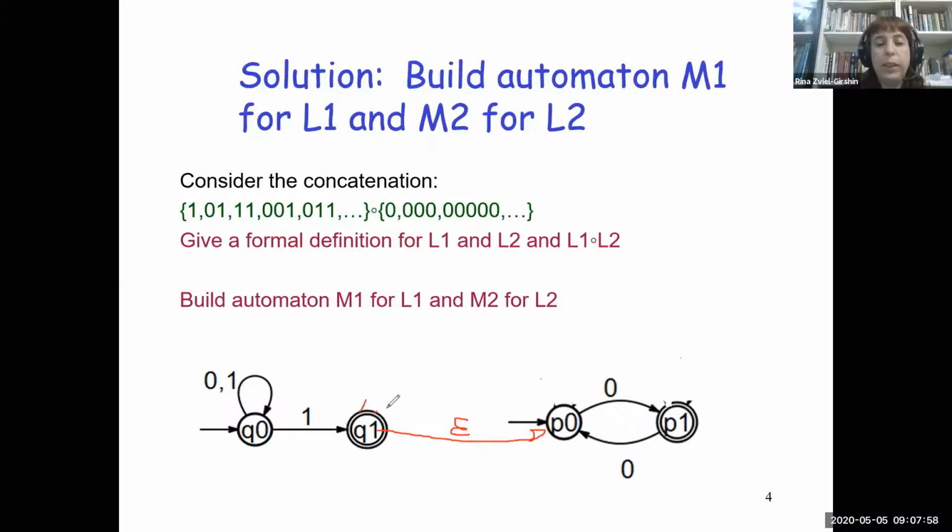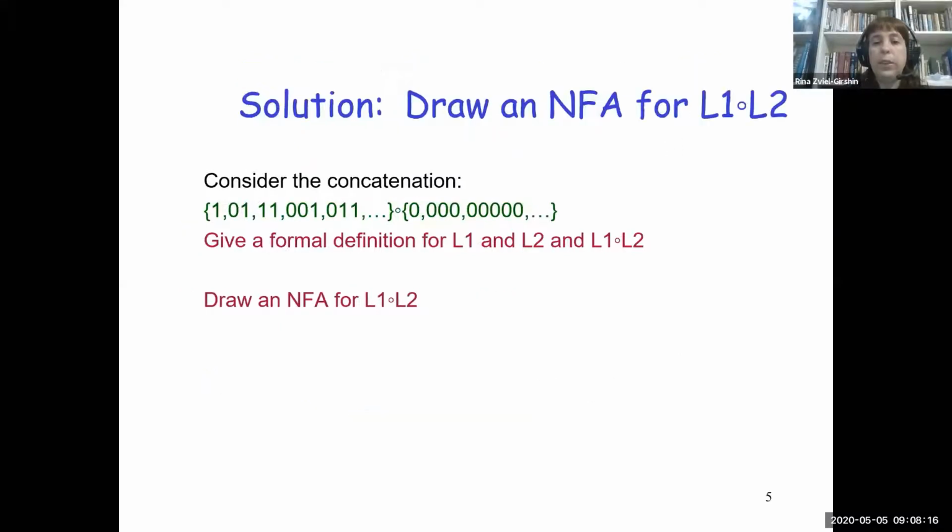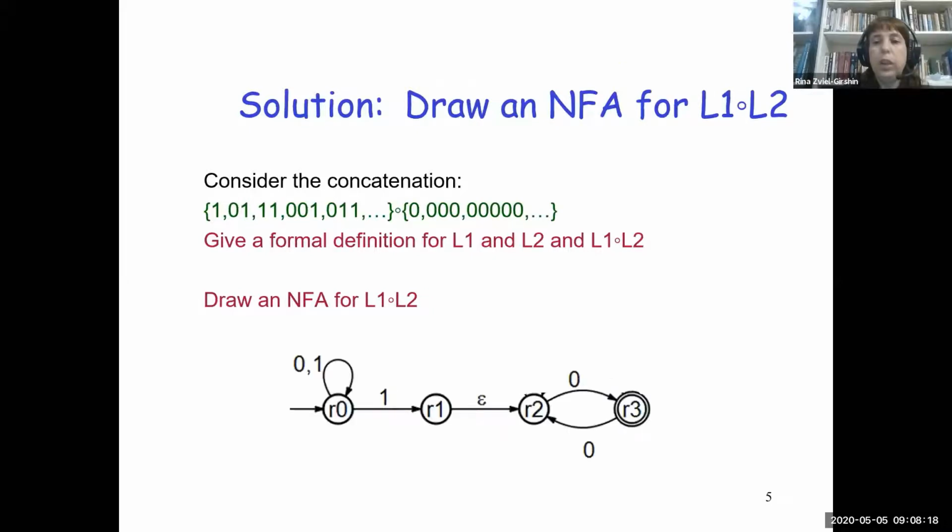And we will delete the accepting state here. And the accepting state of the resulting automaton will be only P1. So let's see the final drawing, and let's give a formal definition.